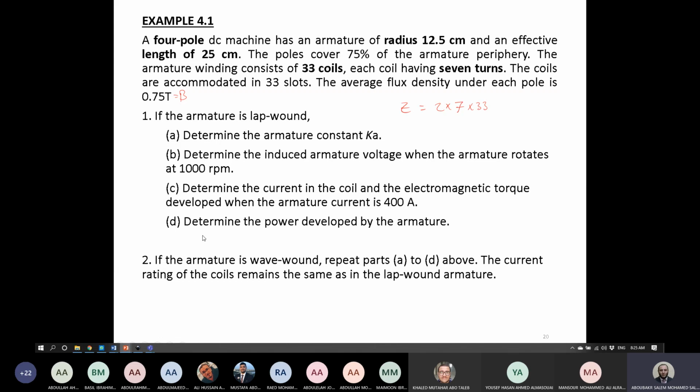Then finally, determine the power developed by the armature. This is if the armature is lap winding. Then we will repeat all of these parts if the armature is connected as wave winding. Let's start from the lap winding.